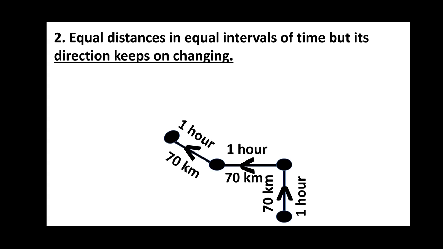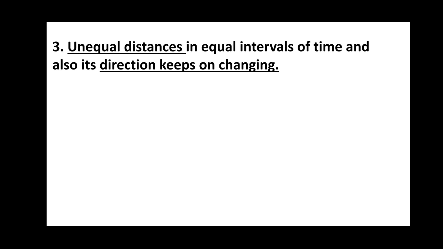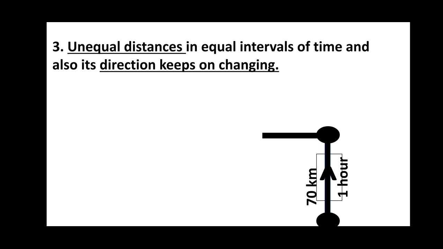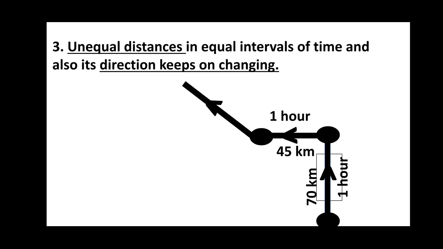Third condition is that covering unequal distances in equal intervals of time and also its direction keeps on changing. That is, if a car moves 70 kilometers north in the first hour of its journey, 45 kilometers west in the second hour of its journey, and 56 kilometers northwest in the third hour of its journey, then it is said to have non-uniform velocity.